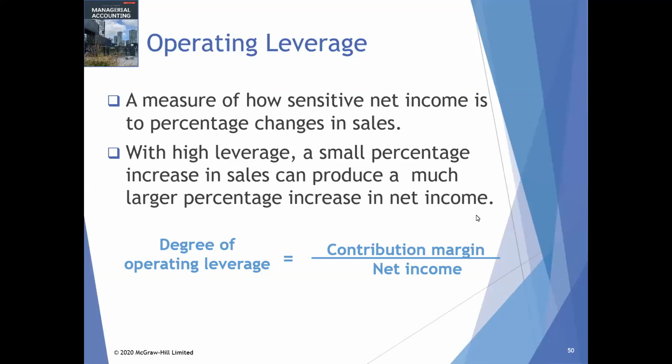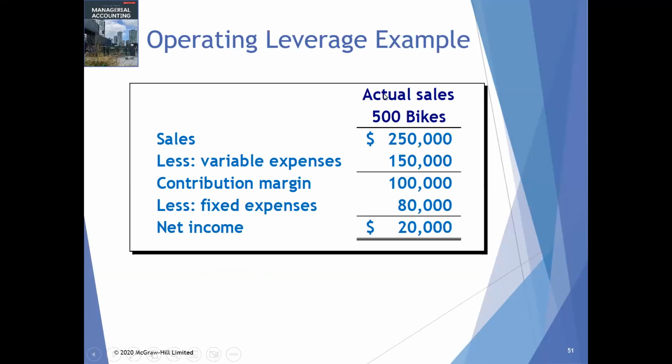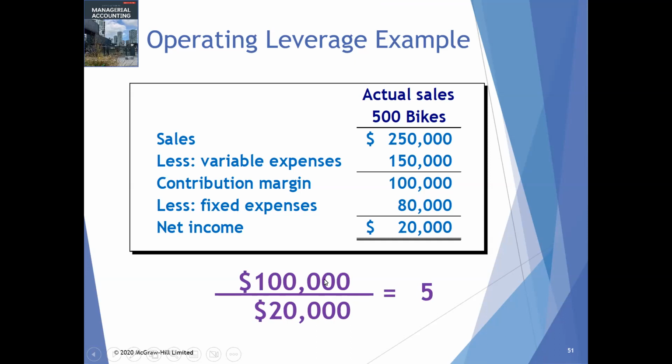Okay, now see, actual sales 500 bikes. So the sale is 250,000 and variable expenses is 150,000. 100,000 is the contribution margin, fixed expenses is 80,000 and net income is 20,000. Now here we can say that operating leverage is the contribution margin, 100,000, divided by 20,000, which is equal to 5.